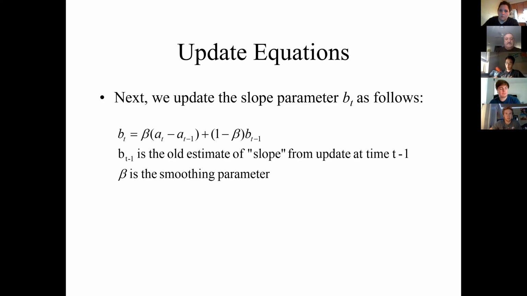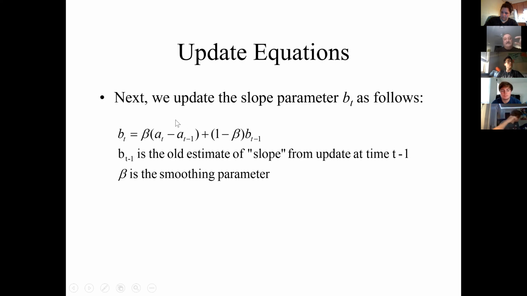The next step is we update our slope parameter. All right, so we take the current level that we just updated and the previous level from the last time. And the difference between those is our most recent observation on the slope.